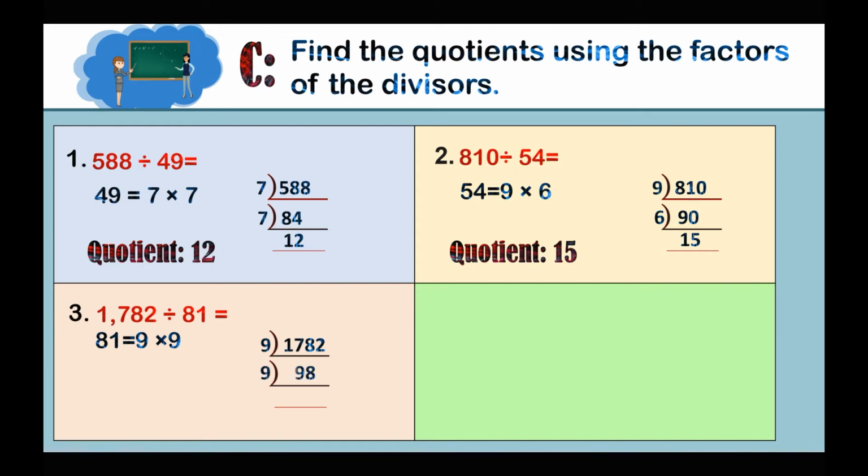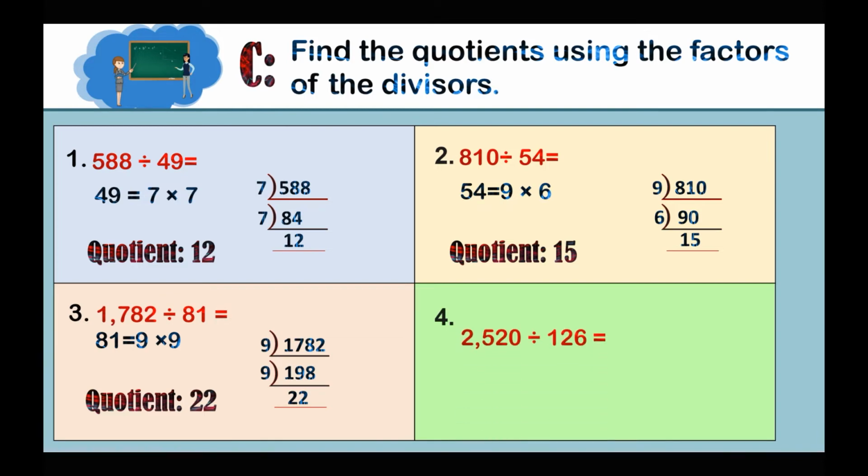So 1782 divided by 9 will give us 198. 198 divided by the second 9 will give us 22. So our quotient for number 3 is 22.